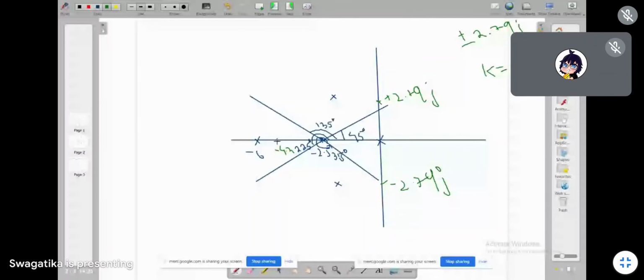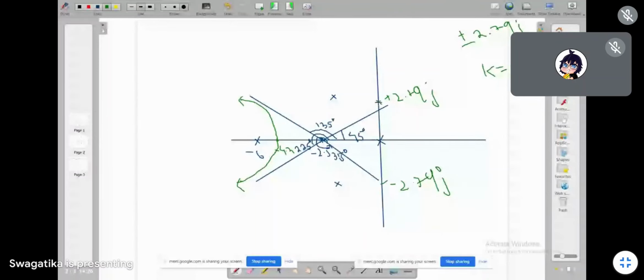So the first will be like this, parallel to this asymptote. Another one will be like this, and the next will cut the imaginary axis.